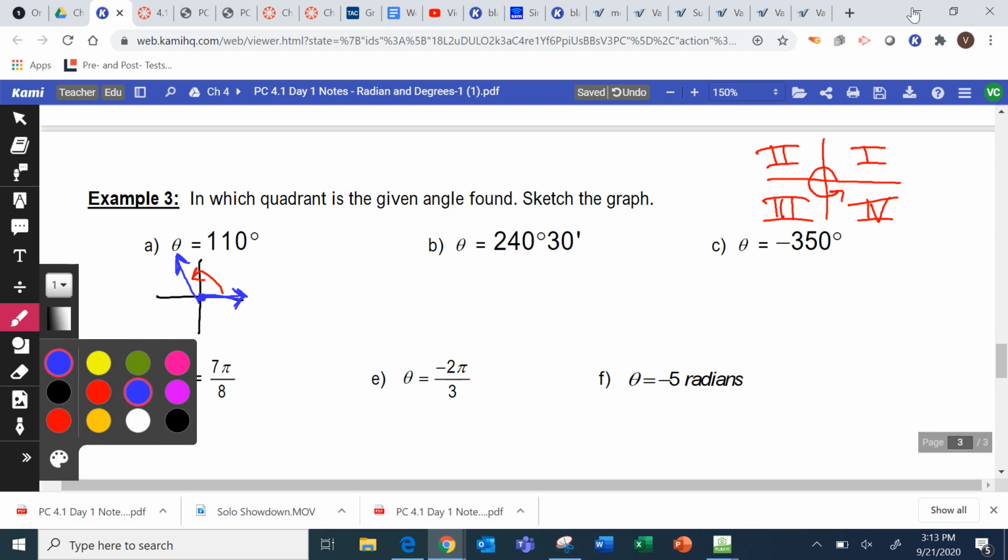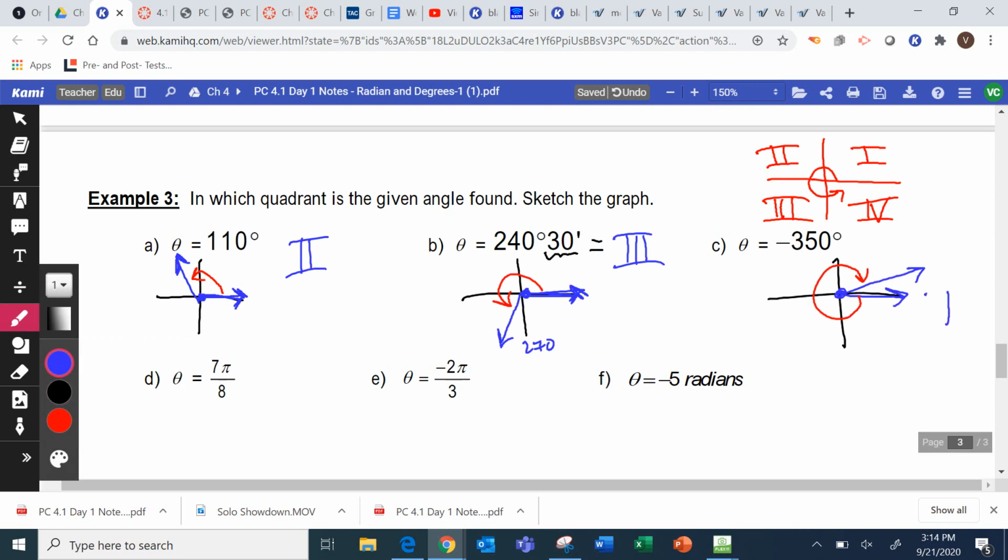It's in quadrant 2. That's going to put us in quadrant 1.